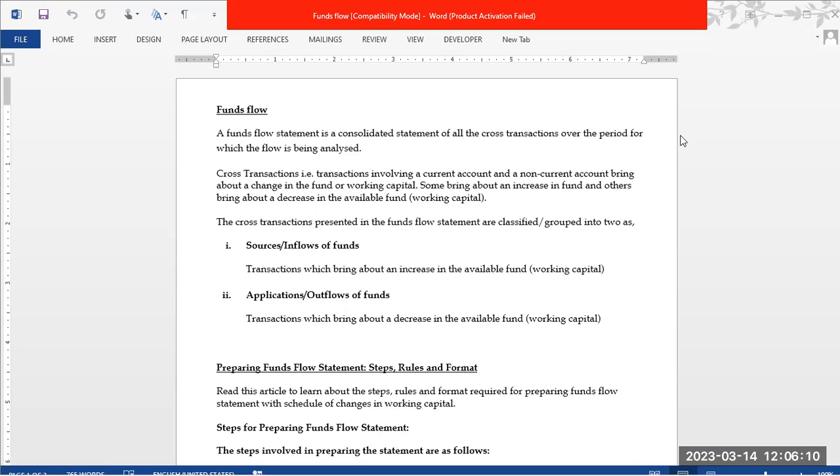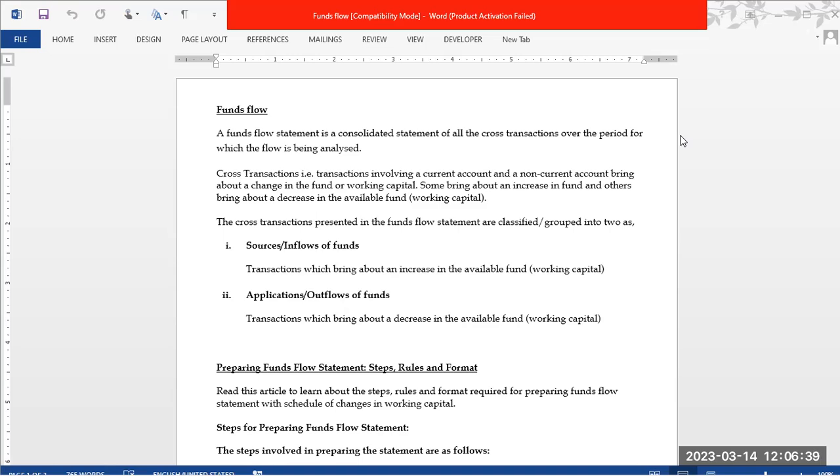Then these cross transactions represented in the funds flow statement are grouped into two. How are they grouped? Cross transactions are grouped into source or inflow of funds, and application or outflow of funds. So what does source or inflow of funds mean?